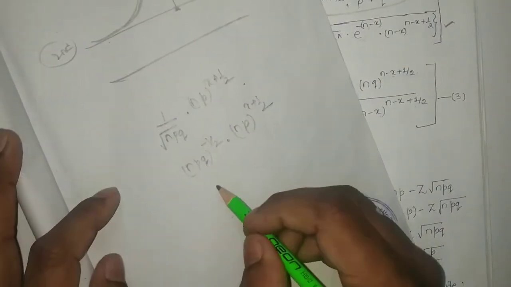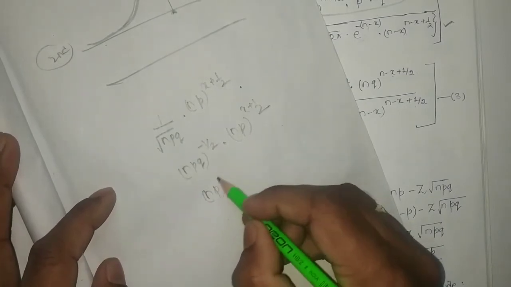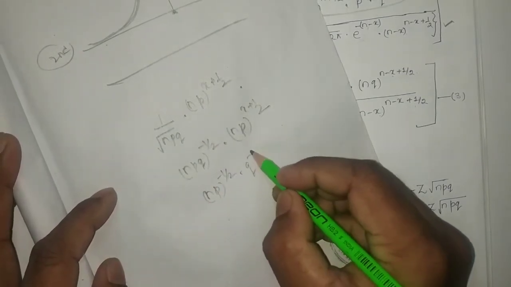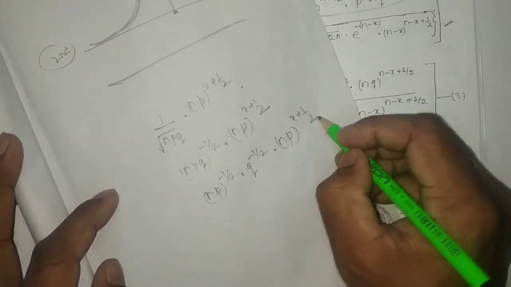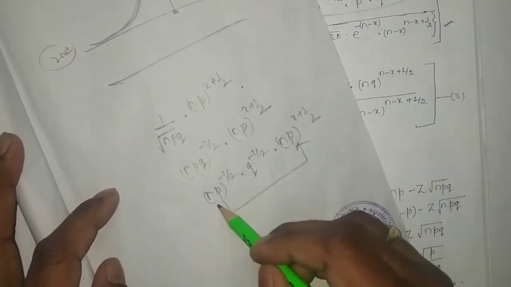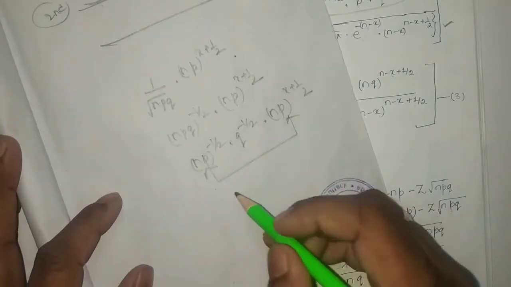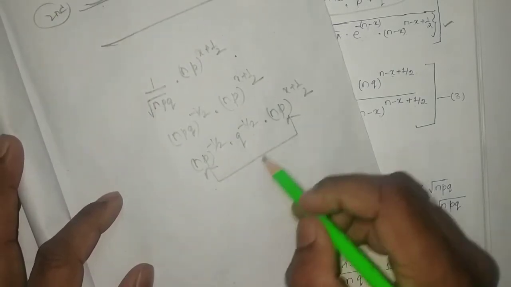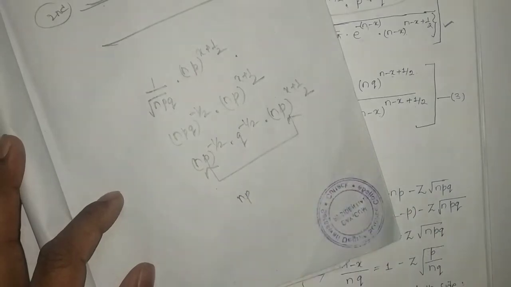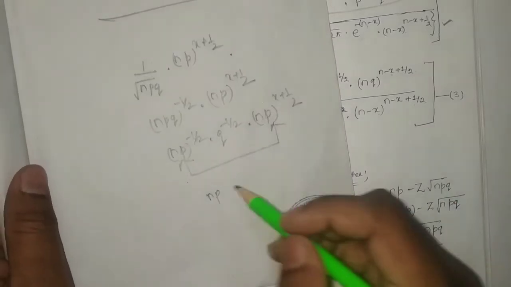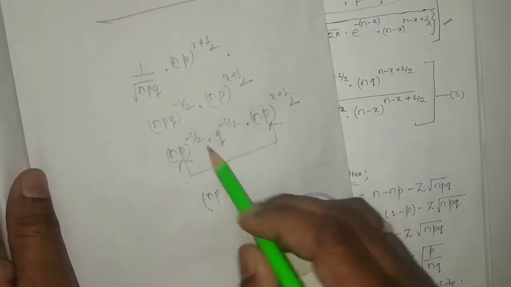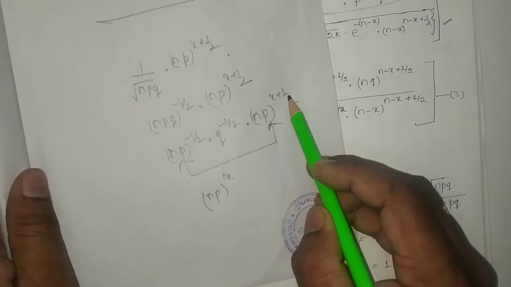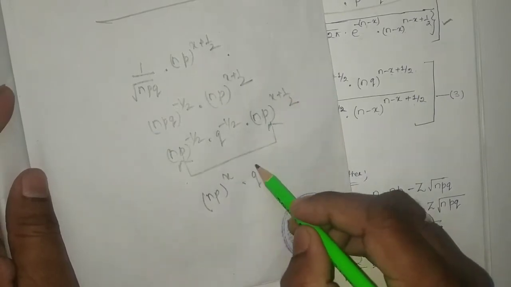So you consider np to the power minus 1 by 2 into q to the power minus 1 by 2 into np to the power x plus 1 by 2. You just consider these two terms. How much can you get? You are going to get np to the power x, since minus 1 by 2 plus 1 by 2 leaves only x, and q to the power minus 1 by 2, right?